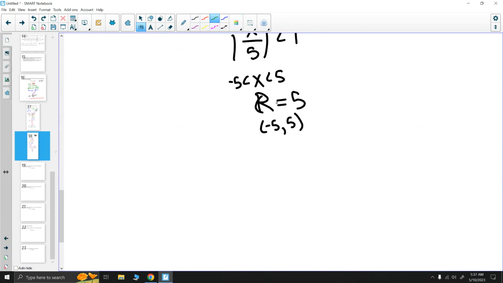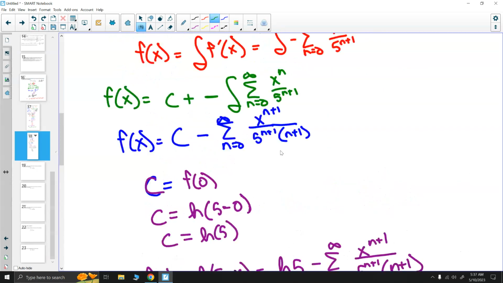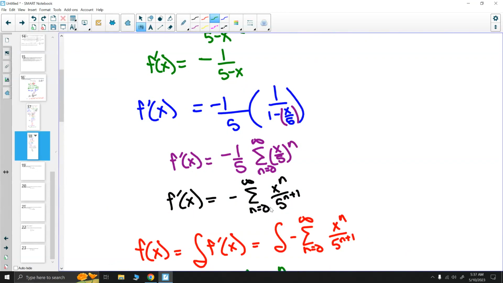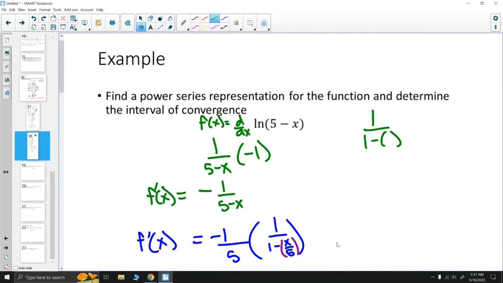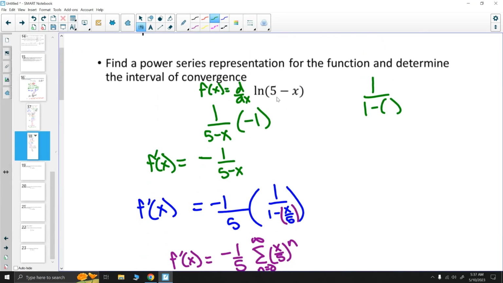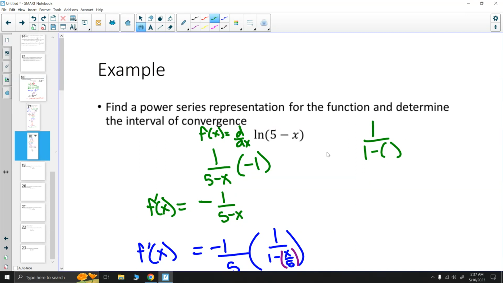So we'll go ahead and check because we integrated this. Since we integrated our other one, we have the potential to increase our interval to the endpoints. Again, thinking back to some basic integration rules, when we derive things, they're on open intervals, but when we integrate, we can integrate on closed intervals. So just something to keep in mind here.